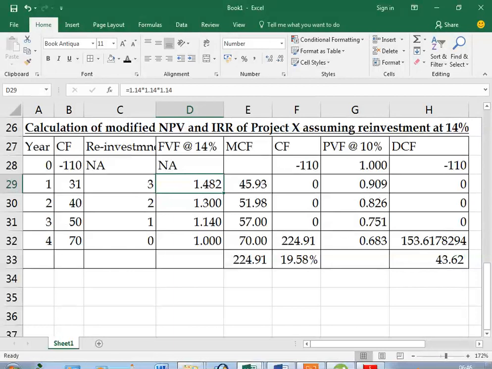Complete this, then I'll give you the answers for the balance part. Complete the 14% reinvestment part, then I'll give you the answers for the balance parts.